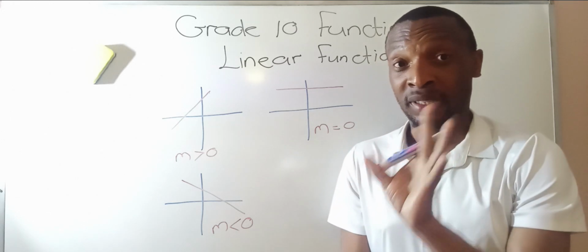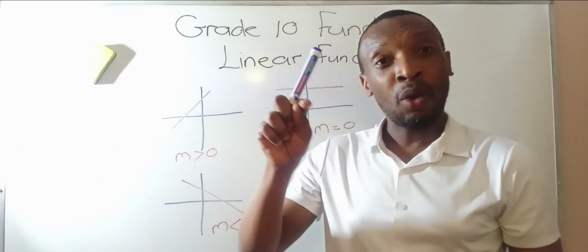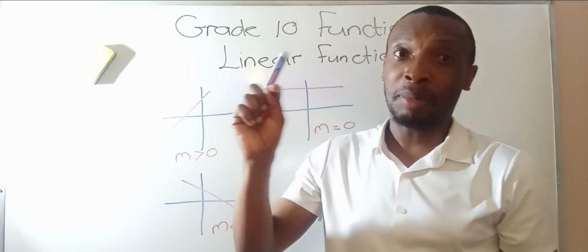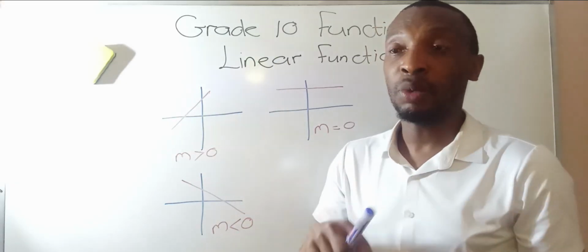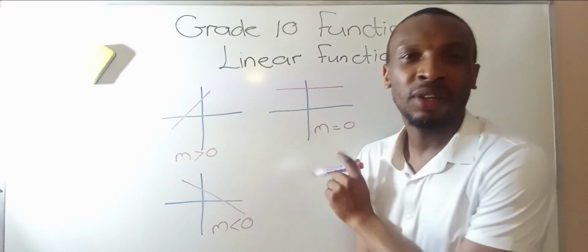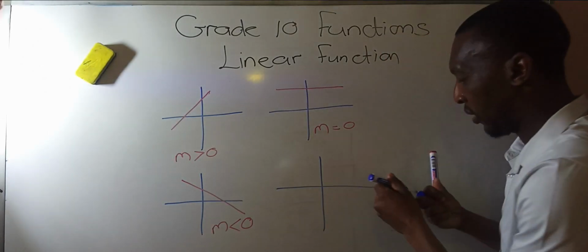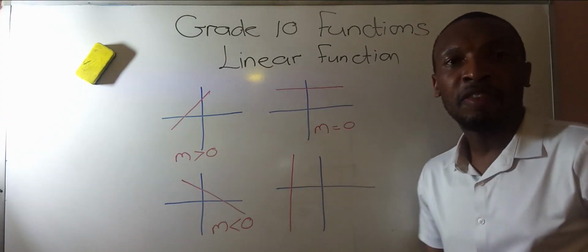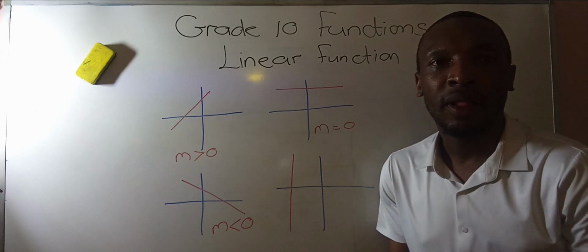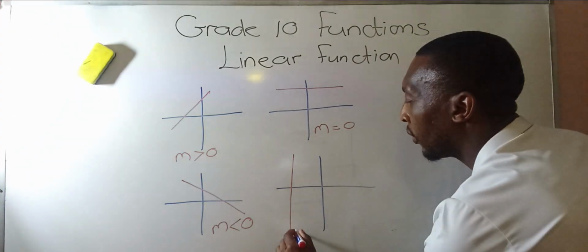My gradient will be 0. And you can actually prove this using that y1 minus y2 over x1 minus x2. Take any 2 points, substitute them into that formula, and you'll get a 0, right? And the last one that I want us to look at is a vertical line. If my line is vertical, my gradient is undefined.